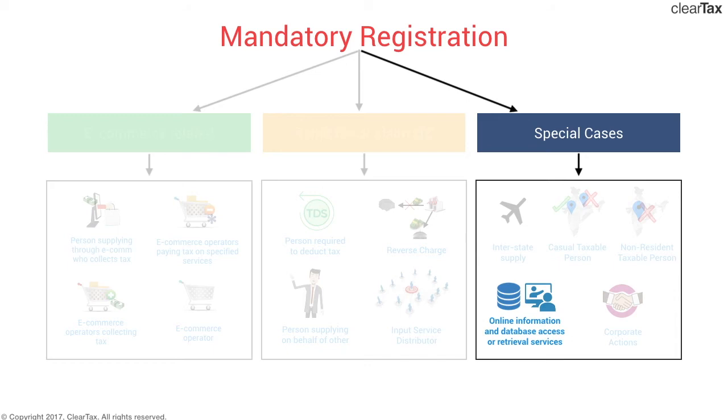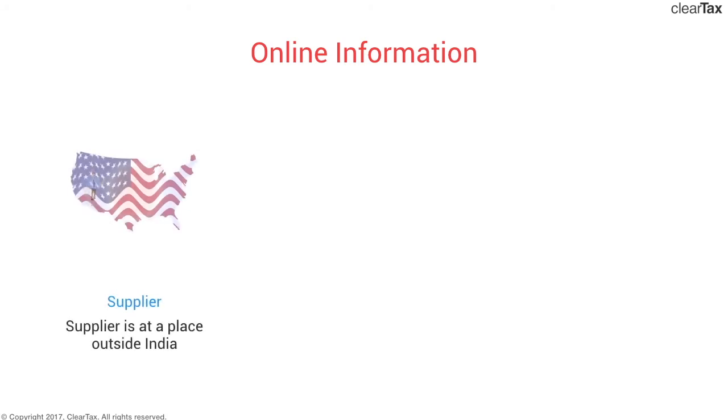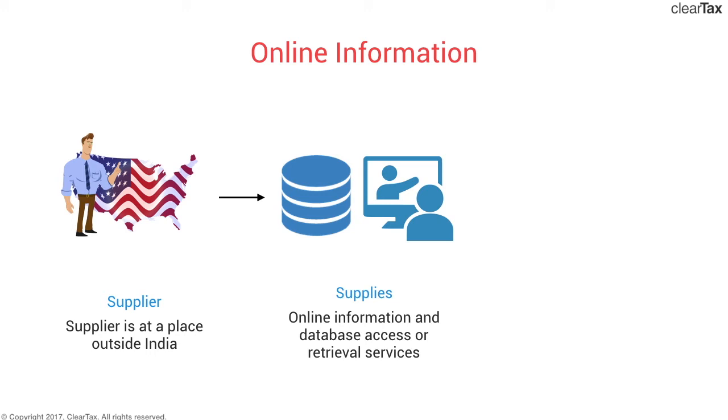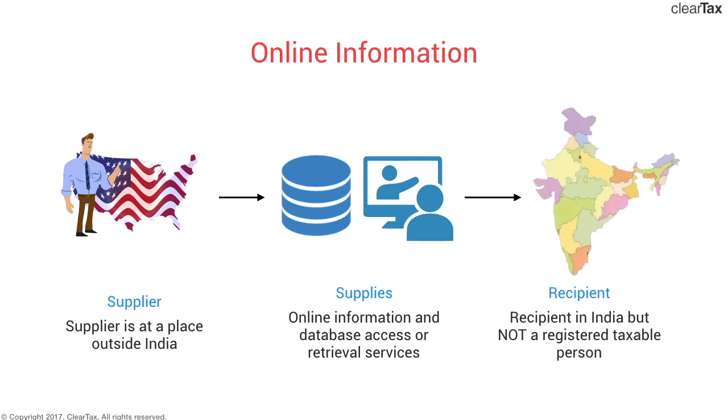The fourth category is that of online information and database access or retrieval services. So this category basically covers a person who's supplying these services of online information or database access or retrieval, and this person is supplying it from a place outside India to a recipient in India, but this recipient has to be a non-registered person. Simple logic. The services are supplied in India and the government needs to keep track of all the trade transactions occurring within the country.